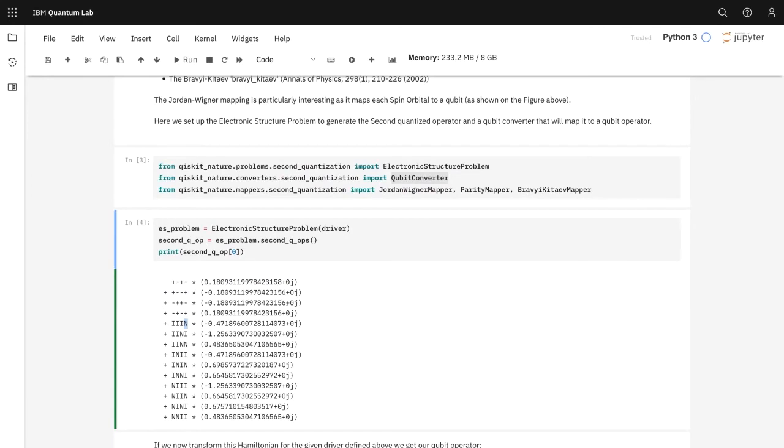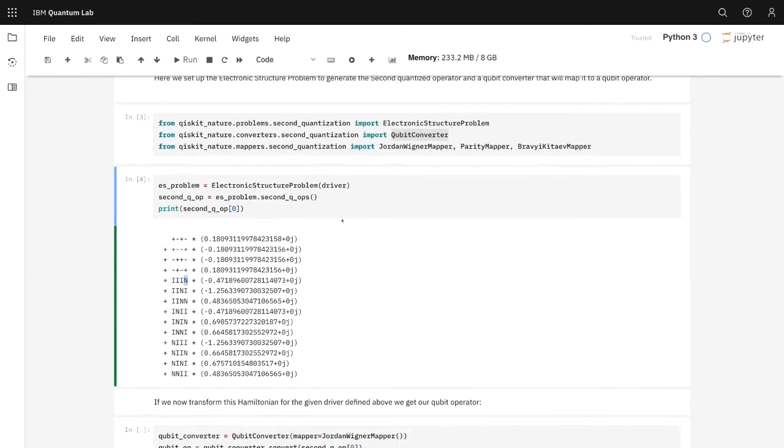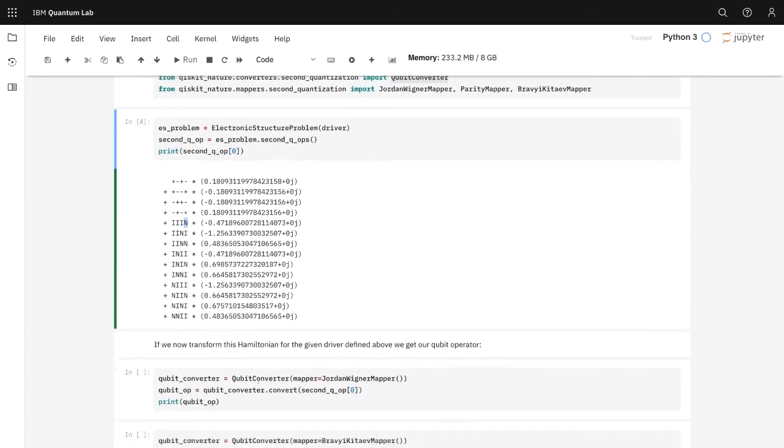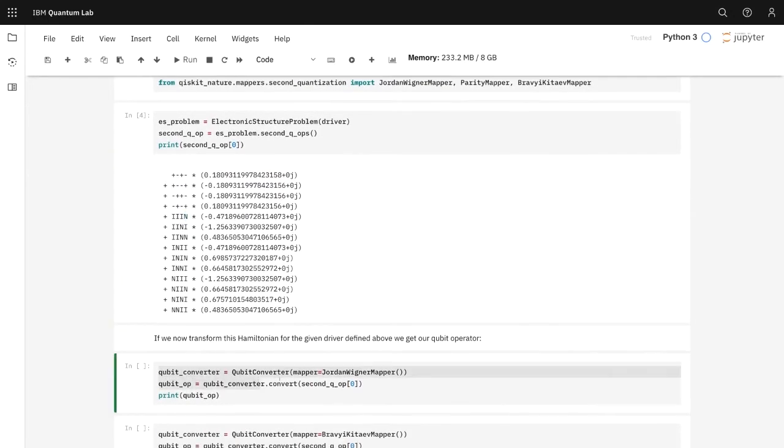Hamiltonian. We want to map it onto qubits using the Jordan-Wigner transform here. So we create this qubit converter object and pass this Jordan-Wigner mapper that we imported.